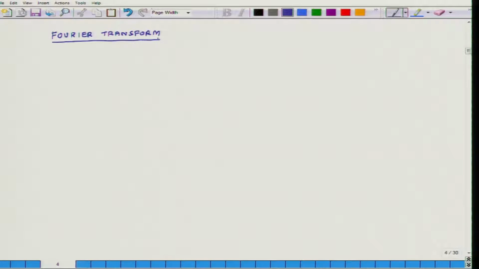So, there are two types of Fourier transforms. One is known as the forward Fourier transform, and the other transform is known as the inverse transform. First, let us see what the forward transform expression looks like.